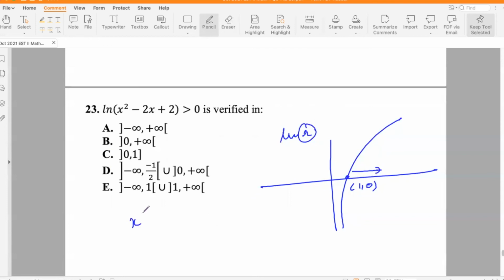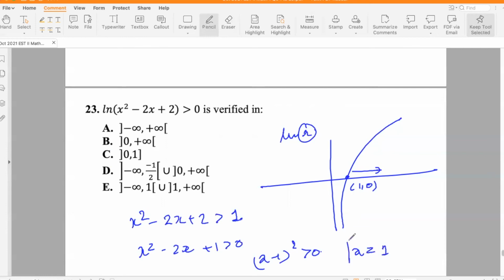That means x squared minus 2x plus 2 should be greater than 1. So x squared minus 2x plus 1 should be positive. So (x minus 1) whole squared is positive. This will always be true except when x is 1, because when x is 1, this will be 0. So all values except 1, right? So E.